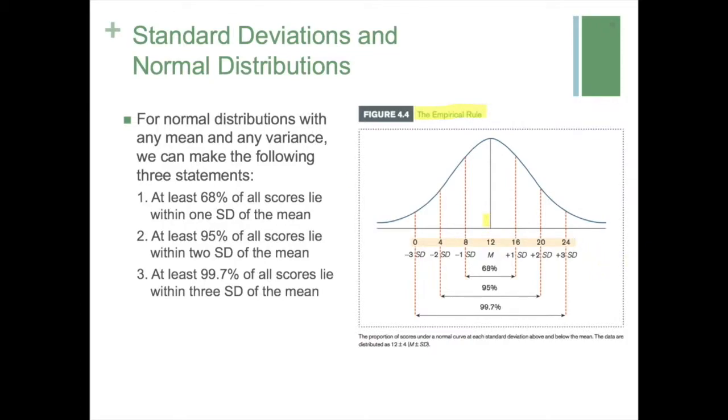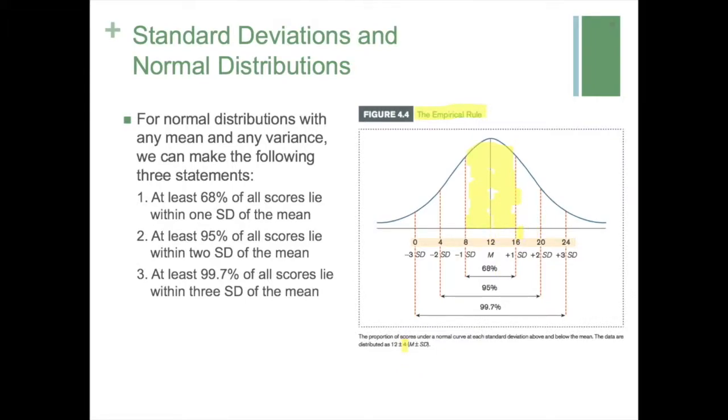And I'm going to highlight that over here. So that means below the mean and above the mean by one standard deviation. In this case, the standard deviation is 4.